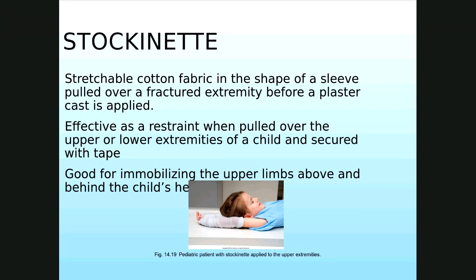They work as a restraint if you pull it over the upper or lower extremities of a child and secure it with tape. This would just be designed to keep her arms above her head so that she couldn't bring them down and get them in the way of the picture. Okay, again, not designed to prevent her from moving, just to remind her when she goes to move, oh, my arms are in this, I'm not supposed to move for this exam.